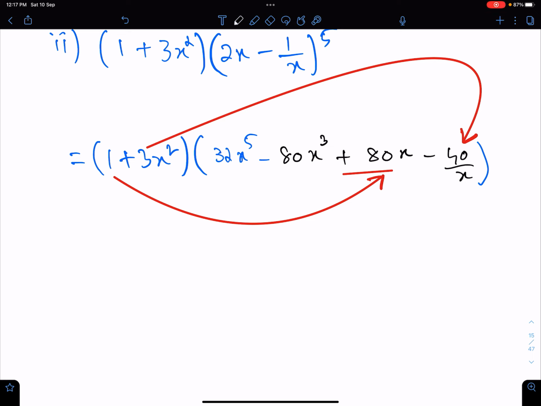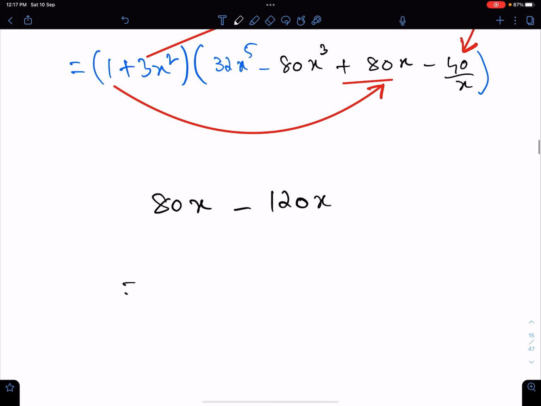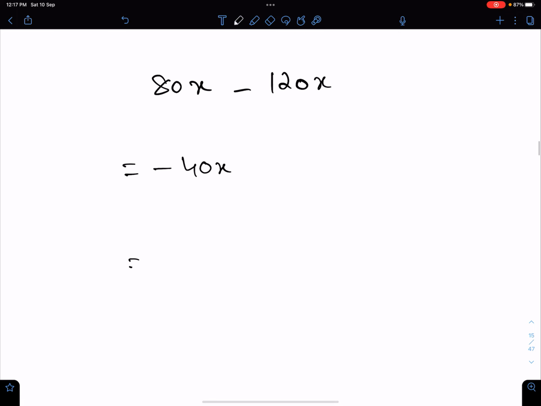So when you multiply 1 with this, you will get 80x. And when you multiply this and this, you will get 120x. When you simplify this, you will get, I think, minus 40x. But the question is the coefficient of x, so write minus 40.